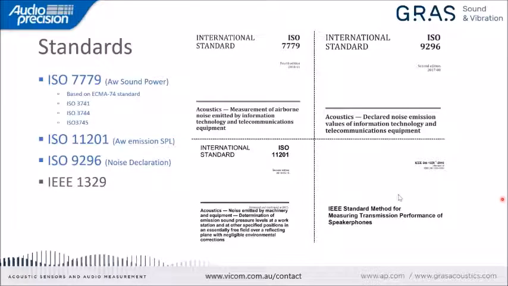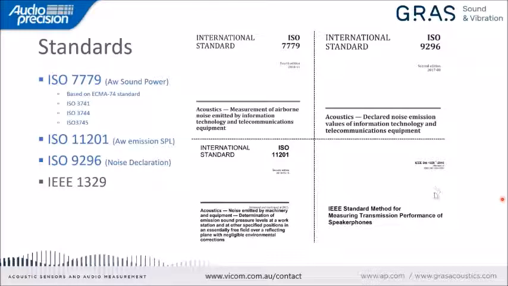And then we have the ISO 9296. This standard, the 9296, is intended for noise declaration.